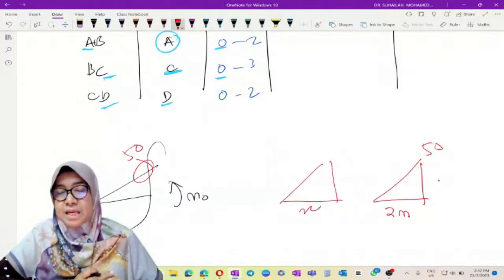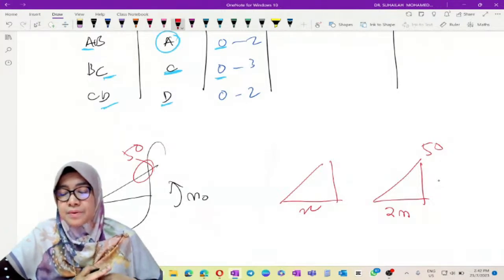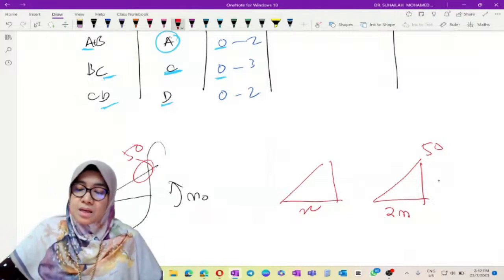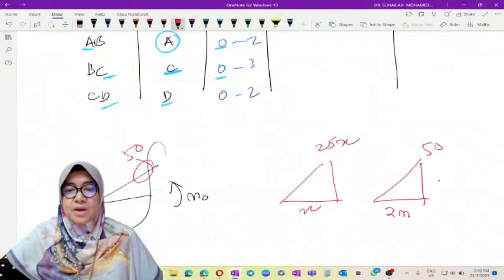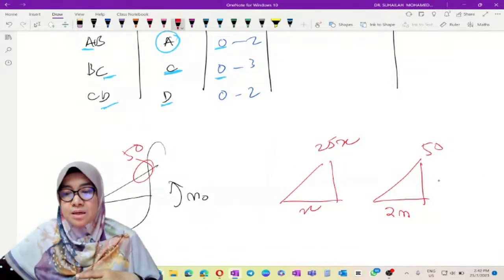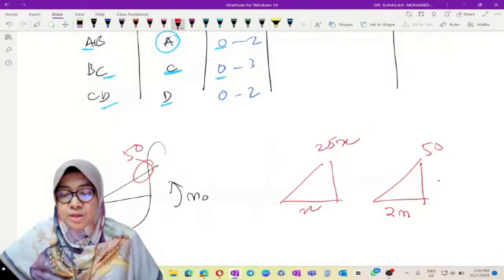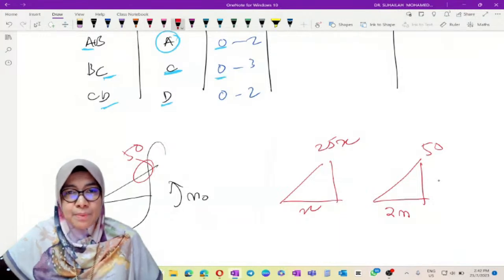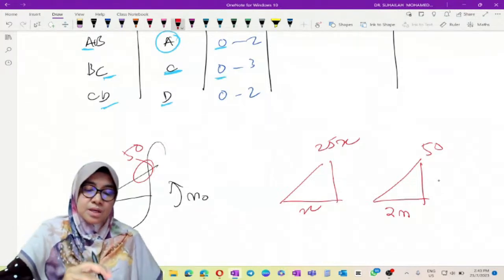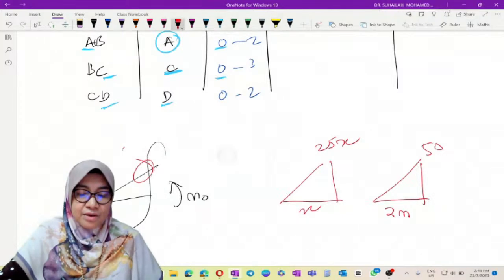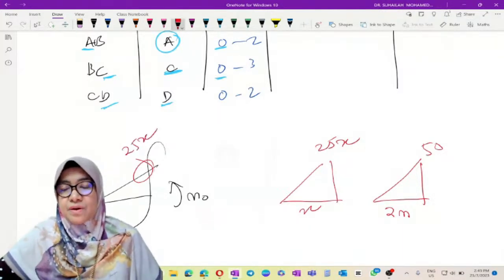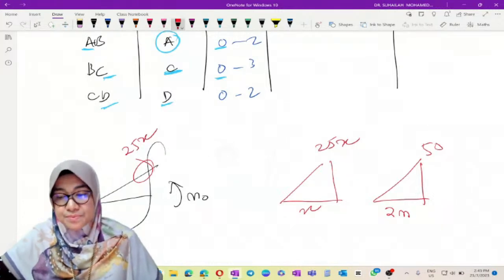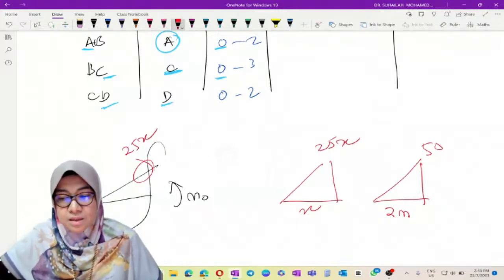It is 25x, meaning that when we substitute x equal to 2 into 25x, we get back 50. So here is 25x. It is interpolation.